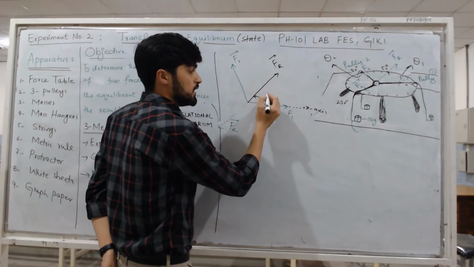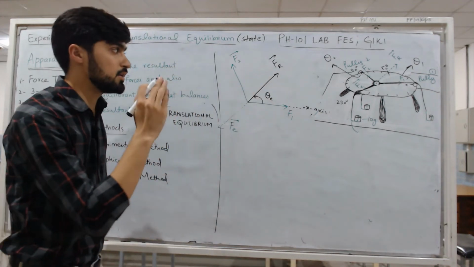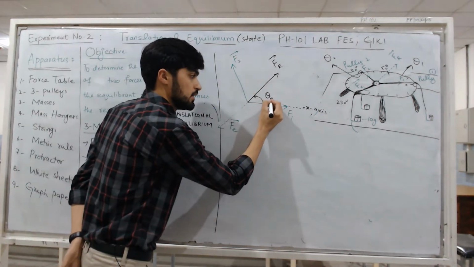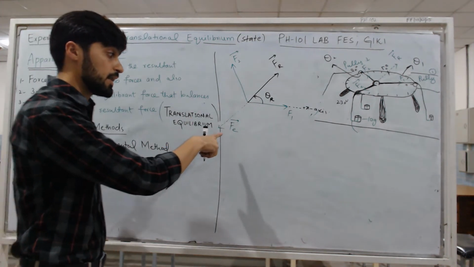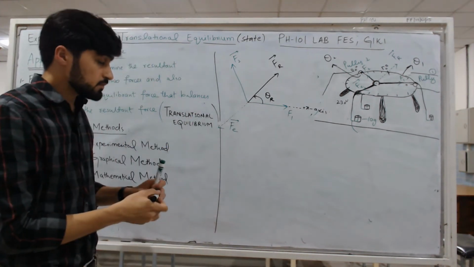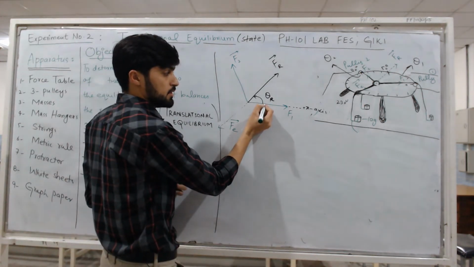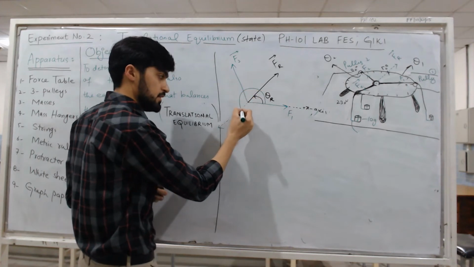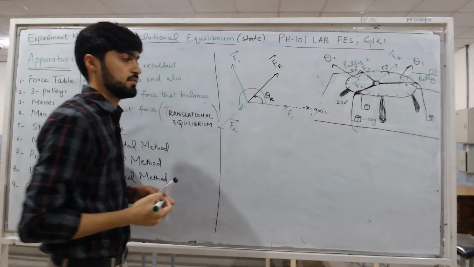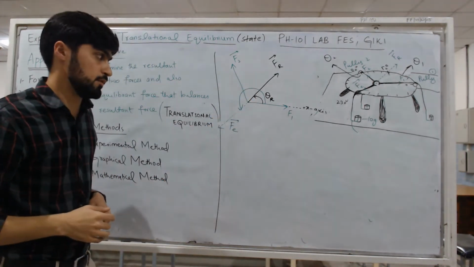So this is actually the resultant angle direction, theta r. Now, what will be the direction of this equilibrium force? The direction of the equilibrium force will be determined from the positive x-axis. Now look at this figure very carefully.